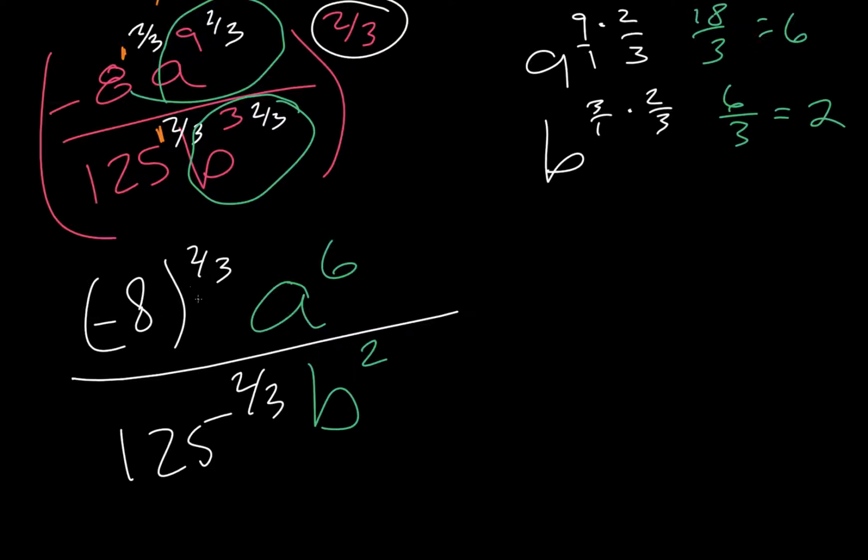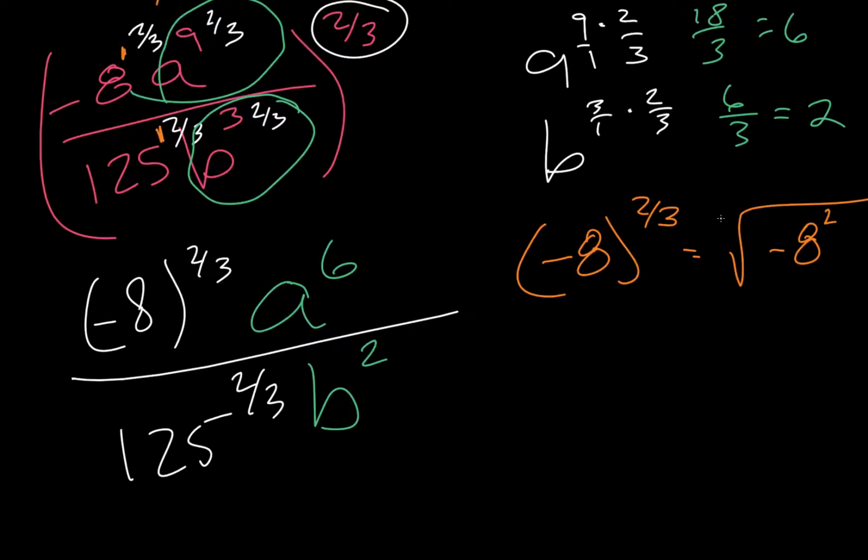Now, if you have a calculator handy, you can just type it in and see if it ends up being a whole number. If you don't have a calculator handy, though, I'm going to walk you through how to do the math on this. So I'm just going to rewrite this, and then I'm going to use my new rule right here, and we're going to square that, and then cube root it.